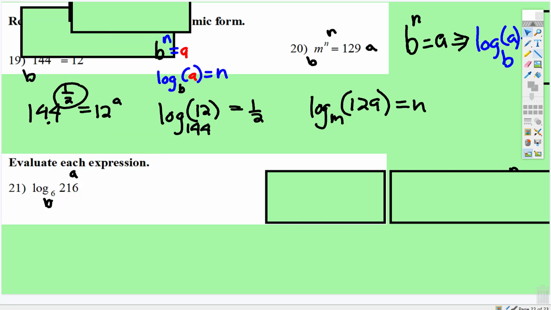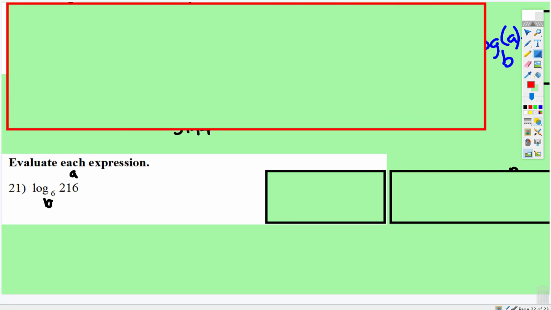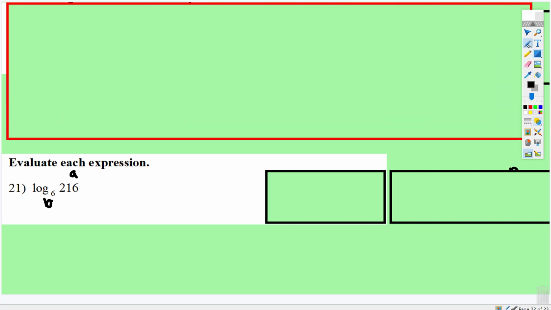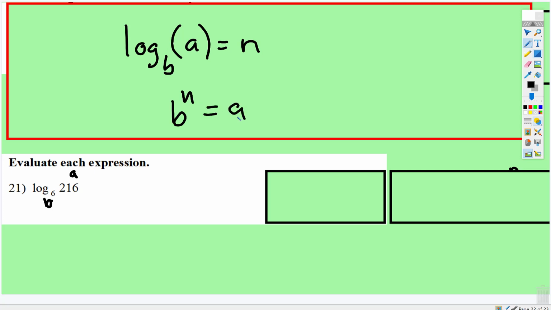We're going to start with the log. So we have log base b of a is equal to n. You rewrite it as b to the n is equal to a. So here's our b, 6 is our b.